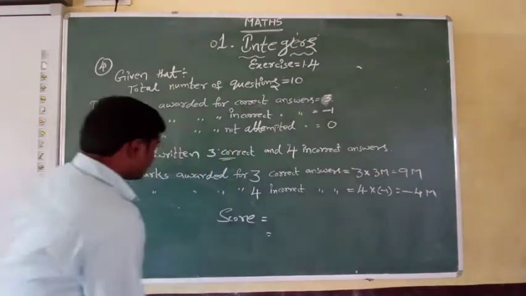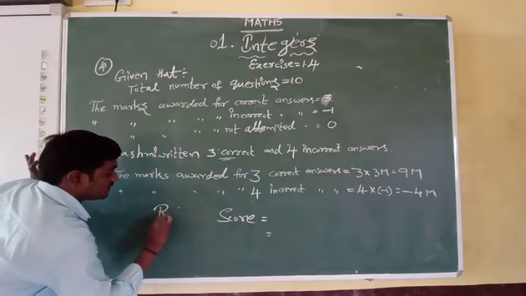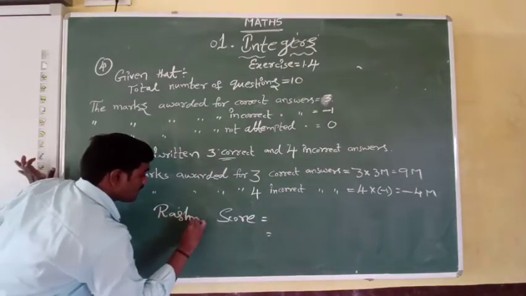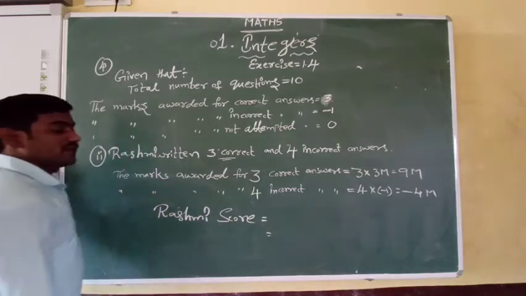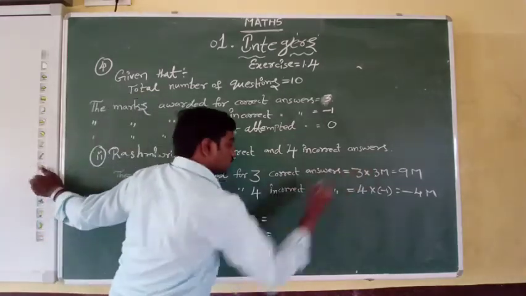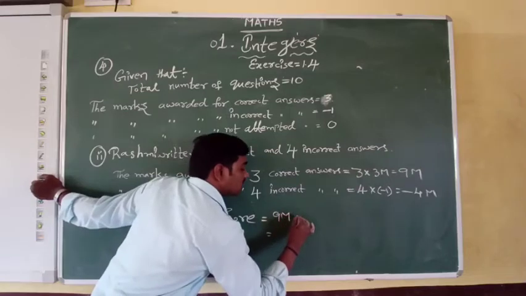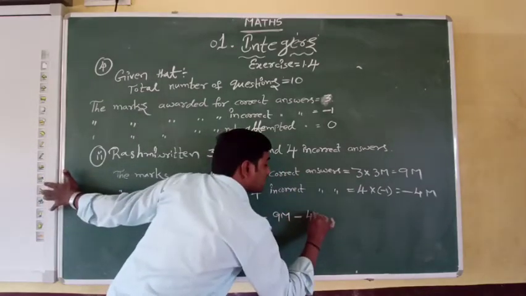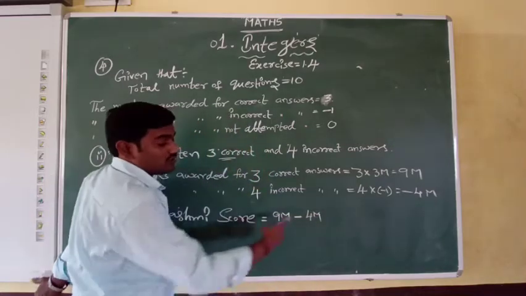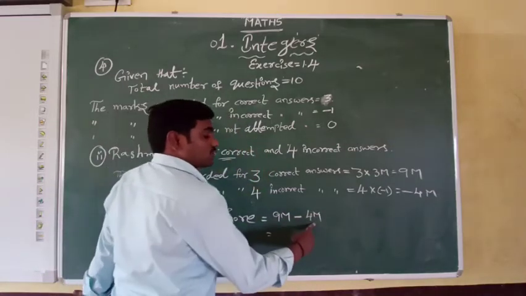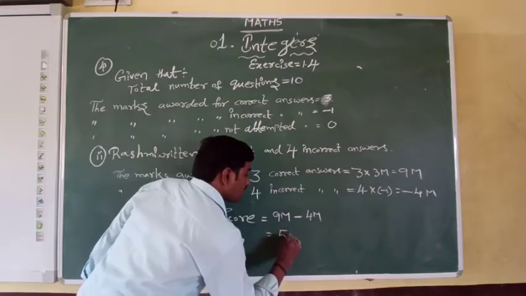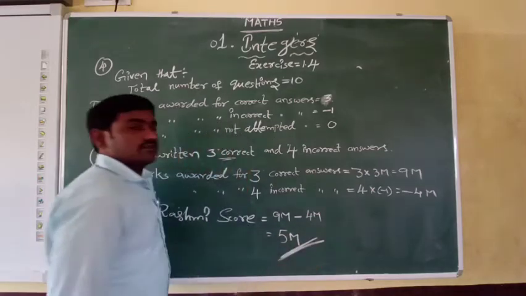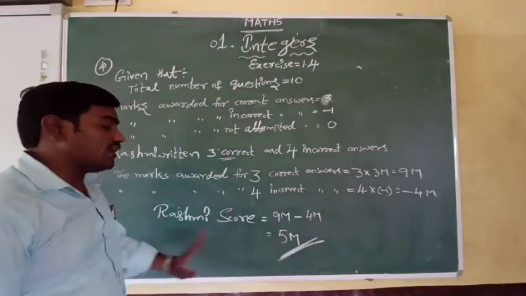So Rashmi's score equals, actually she should get 9 marks, but she attempted 4 incorrect answers. 4 incorrect is equal to minus 4 marks. 9 marks minus 4 marks is 5 marks. So this is Rashmi's score, she got only 5 marks.